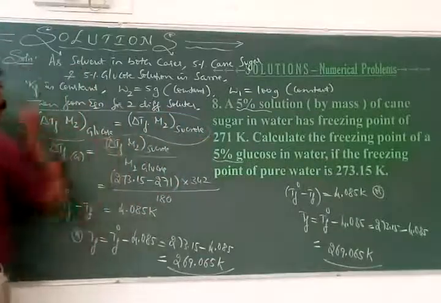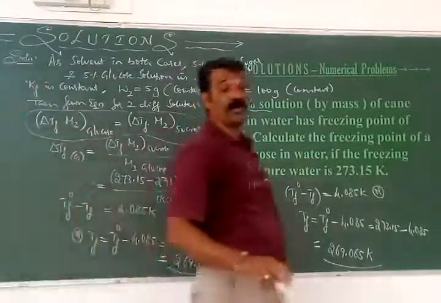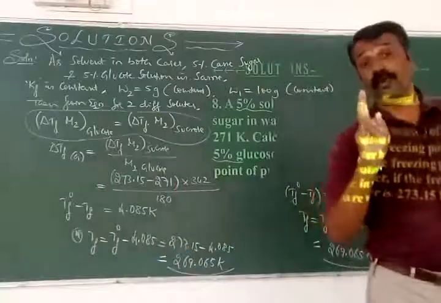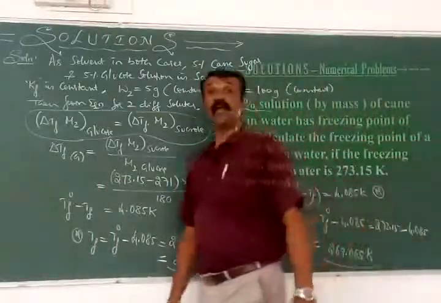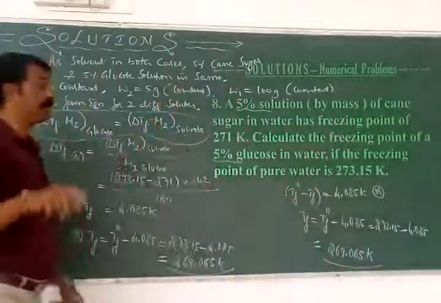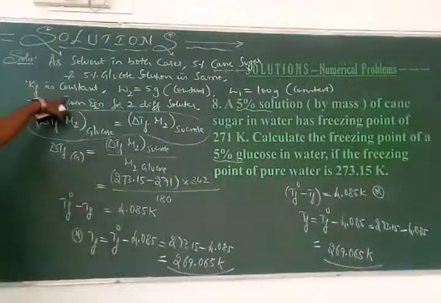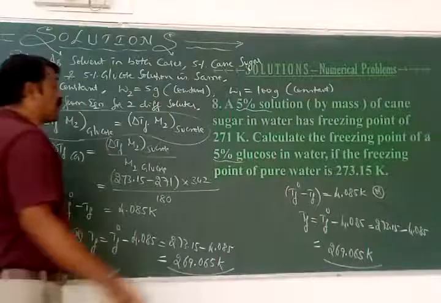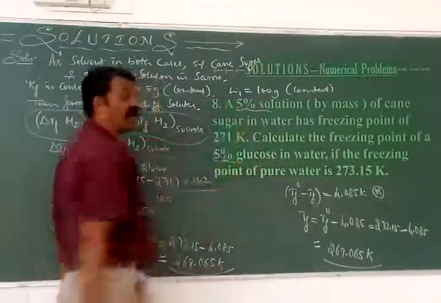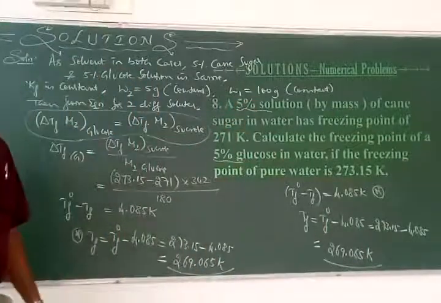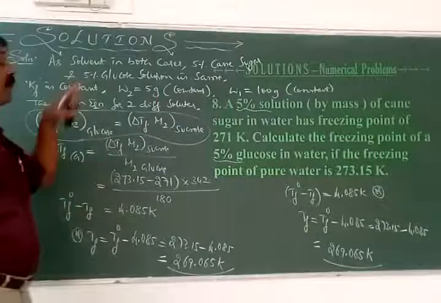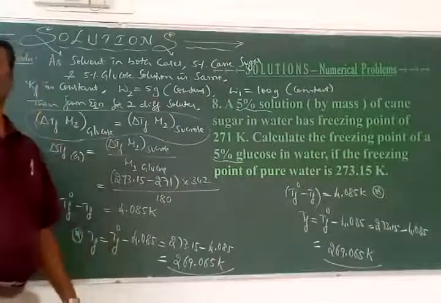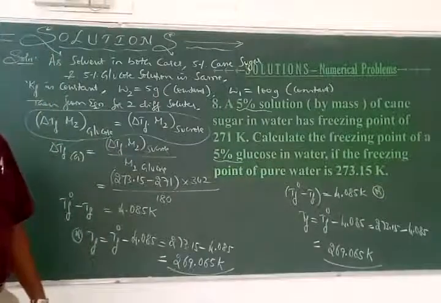For two different solutes having the same solvent, first what is constant? Kf is constant. As in both the cases, the percentage concentration of the solution in the same solvent is 5%, means W2 and W1 are constant, or the same.